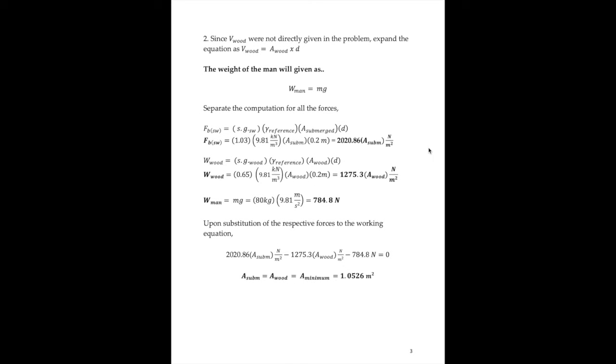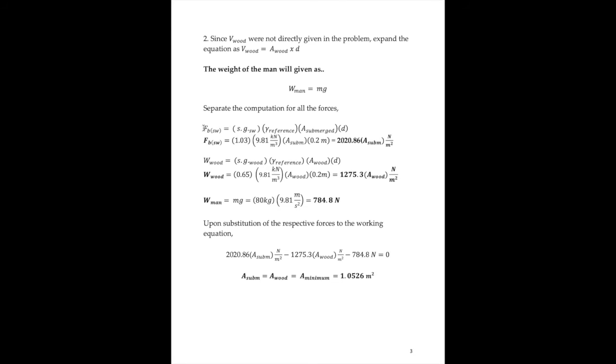The volume of the wood is also not directly given, so the area of the wood multiplied by the draft will be the volume of the wood. And the weight of the man will be the mass of the man multiplied by gravitational acceleration. To avoid confusion, you may separate the computation for all the existing forces.